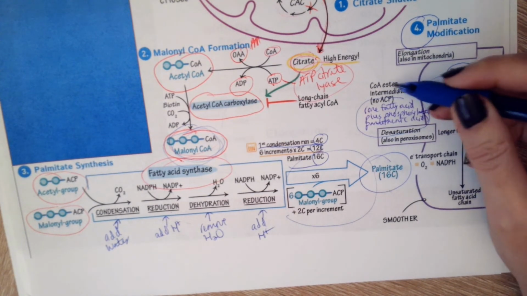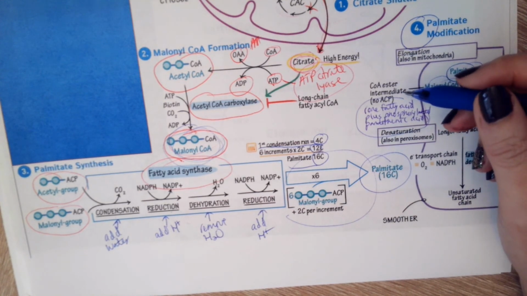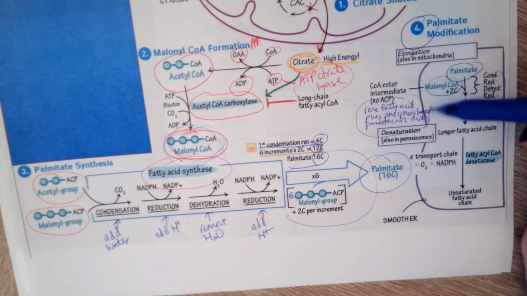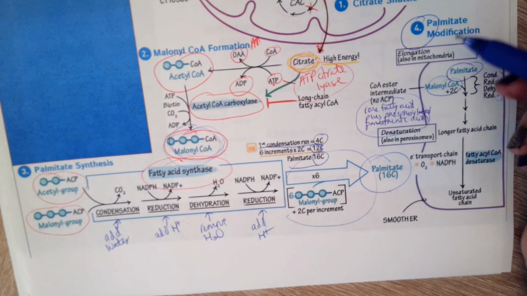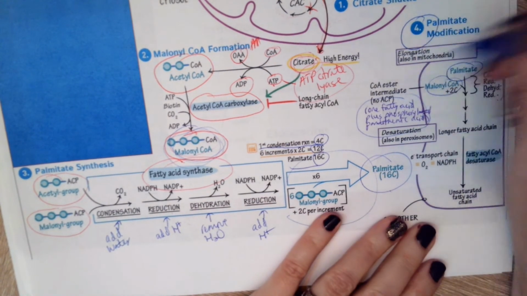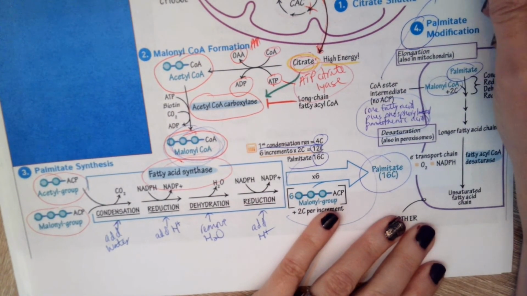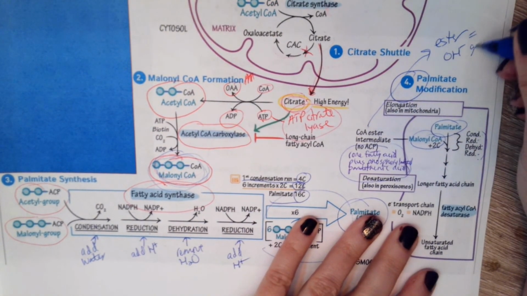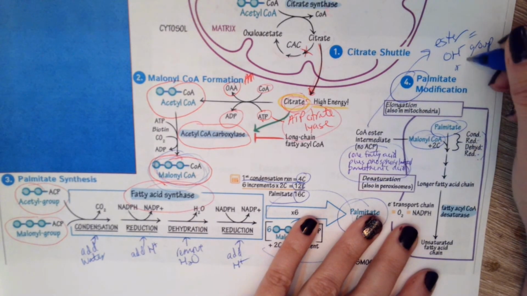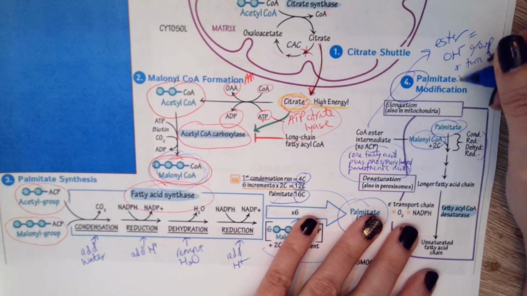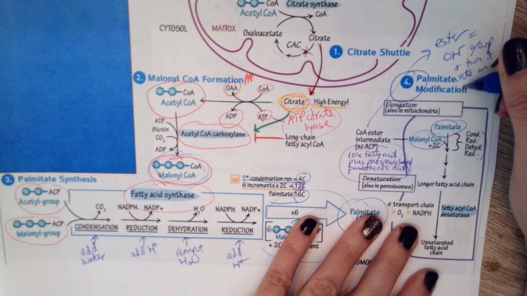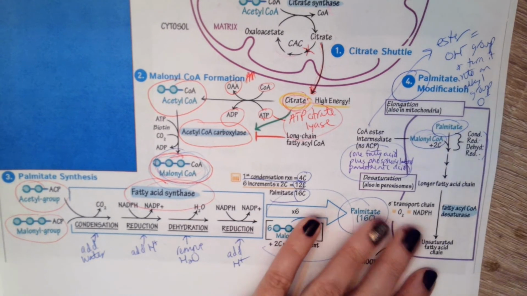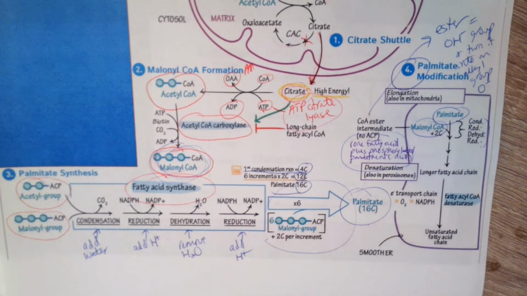And that is a CoA ester. This CoA ester, it's one fatty acid plus a phosphorylated pantothenic acid. What that means is, for an ester, anything that is an ester is when you take an OH group, so a hydroxyl group, and turn it into an alkyl group, which is just an oxygen hanging out there without the hydrogen.